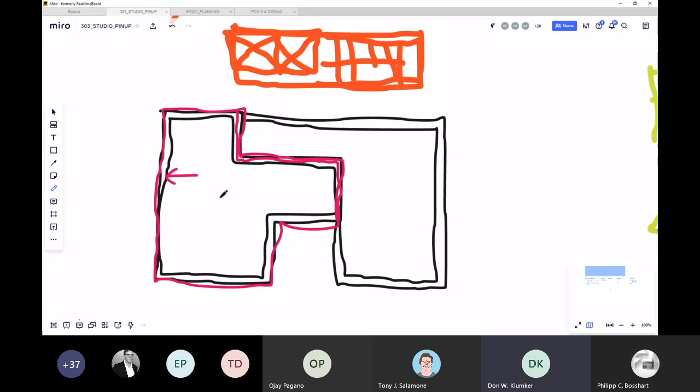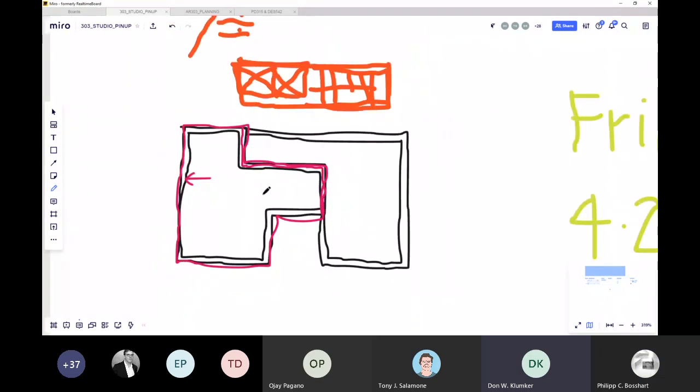Now let me ask you this: why are we splitting it? If you have two units, this portion of the wall right here is shared by this and this. But if it's the same project, it's the same project.